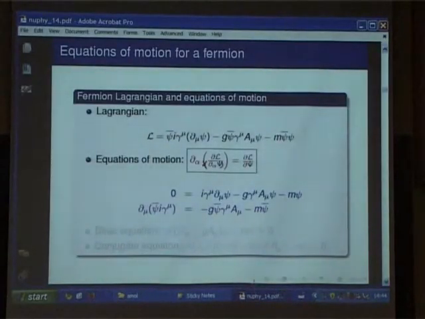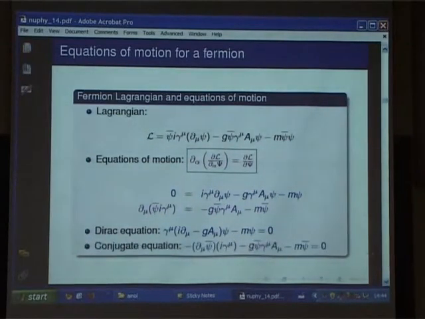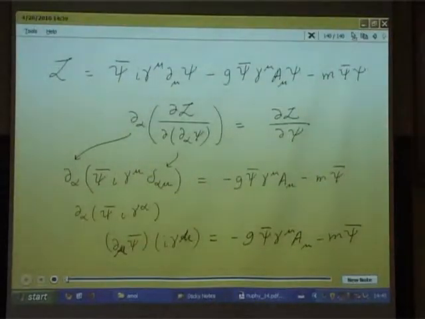Let me just summarize this. So this was my equation when I use equation of motion with respect to psi bar. This is with respect to psi. Okay. The first equation is just Dirac equation, and the second equation is what's called the conjugate equation. So here is the equation del mu psi bar i gamma mu minus this.